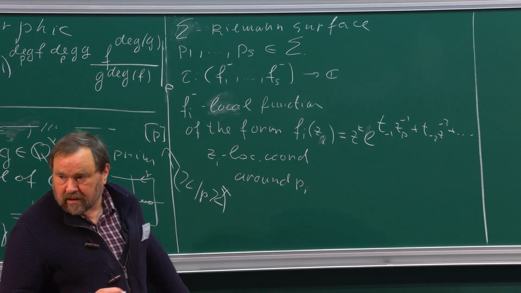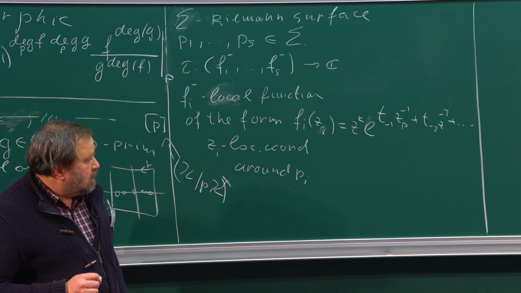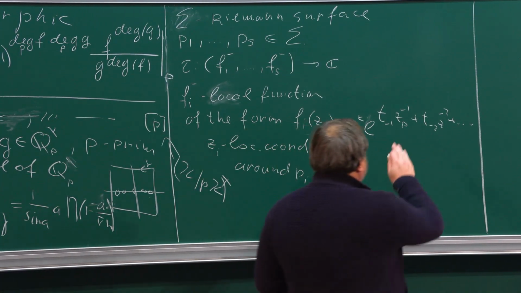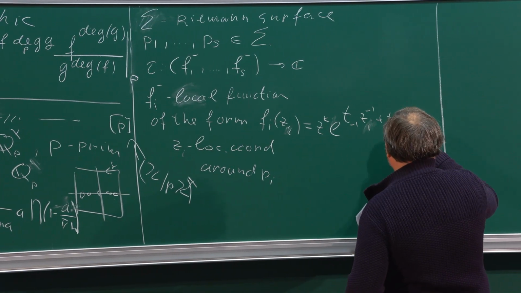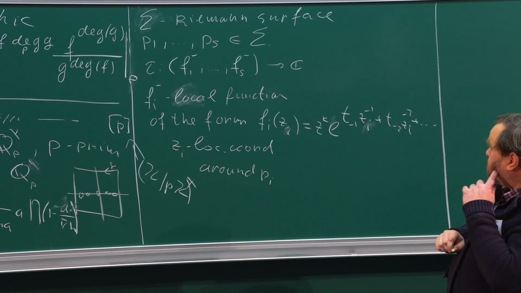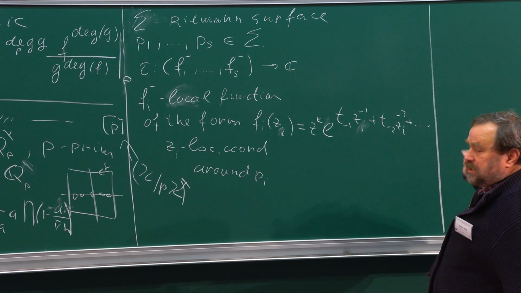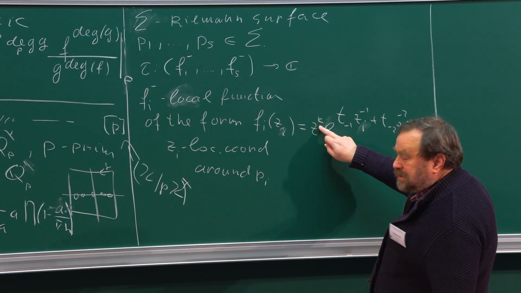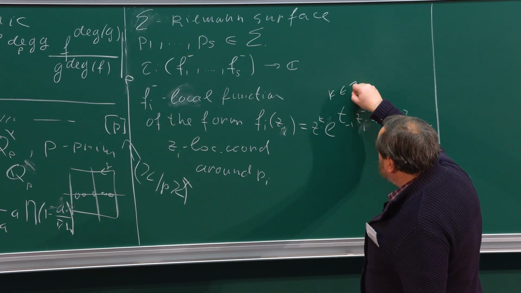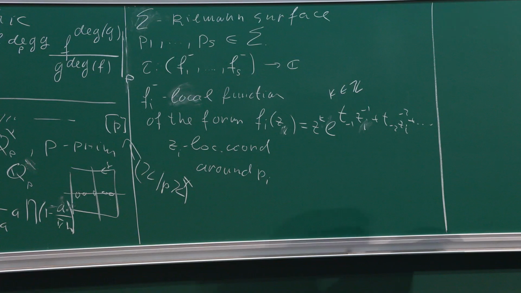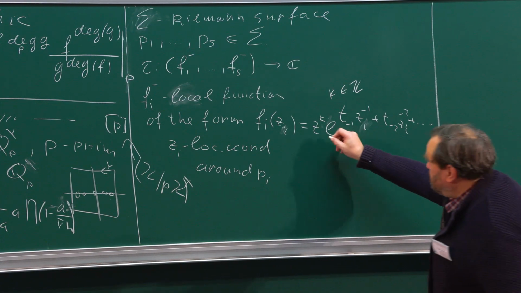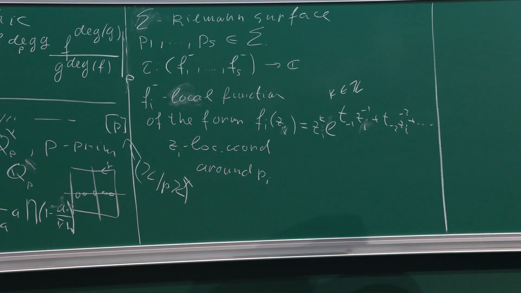And k could be a positive or negative integer, and we also get zi to the power of minus 1, minus 2, etc., before the exponent. So the function is of this type.